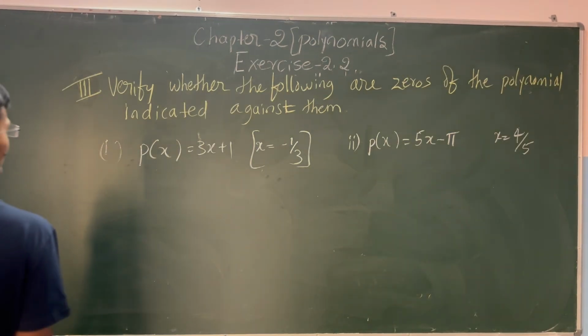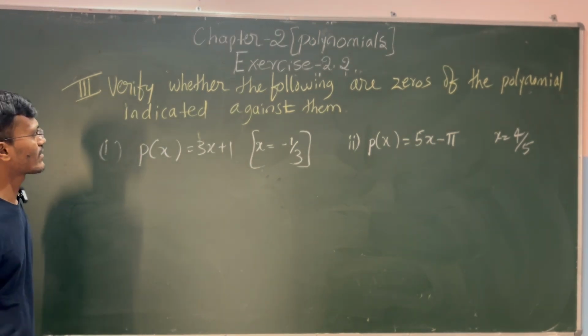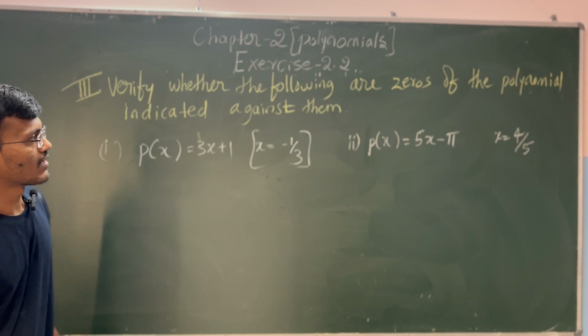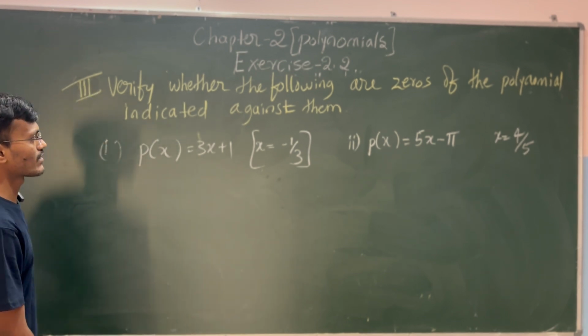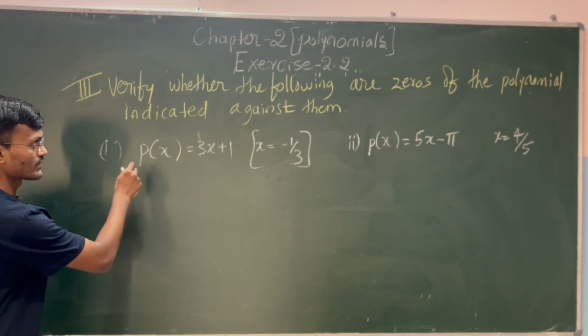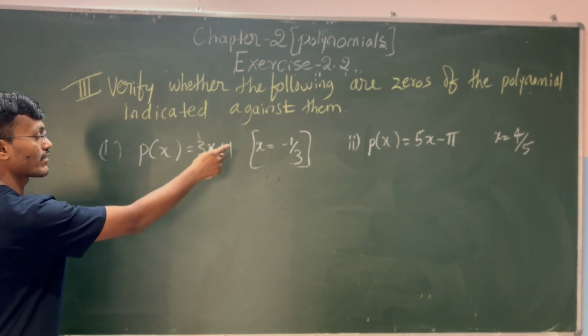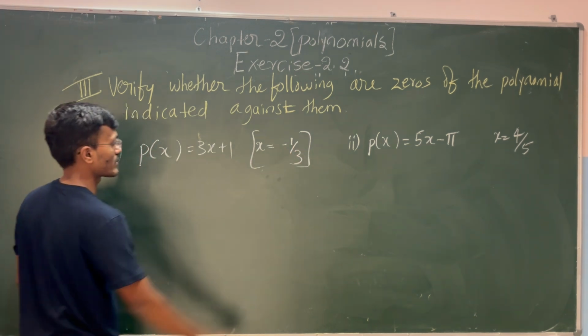So now next the main question is verify whether the following are zeros of the polynomial indicated against them. Here we need to check whether these are zeros of the polynomial or not when we put x equal to minus 1 by 3.